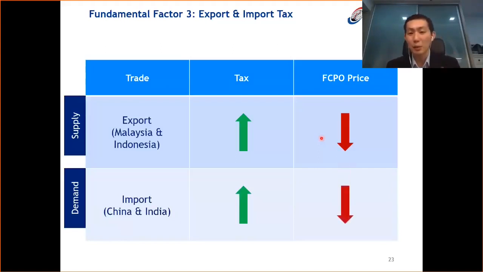Tax means your product would be more expensive, correct? So it's very easy, nobody likes tax to increase, correct? So tax increase means your product price would be higher, and it discourages buyers to buy more. So demand would be lower, and therefore your price would be lower as well.